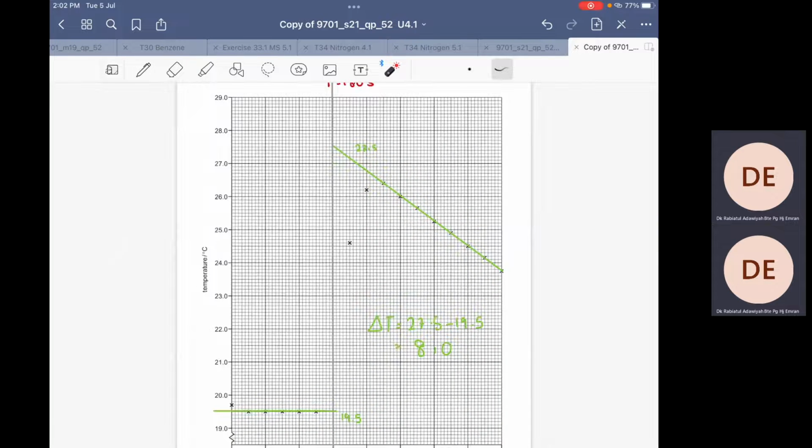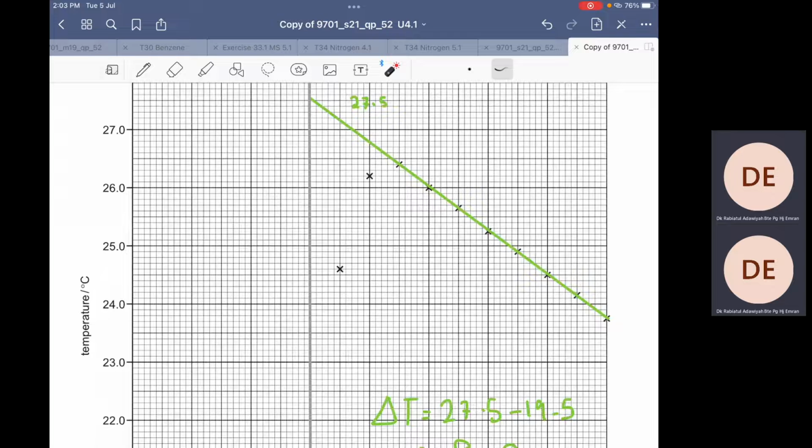The reason for that is because I want to find the intersection between my cooling curve and t equals 180. Why do we extrapolate? Now, this is a heat enthalpy reaction. And with the heat enthalpy reaction, there will be heat loss. No matter how good or how insulated your experimental apparatus are, there will be heat loss.